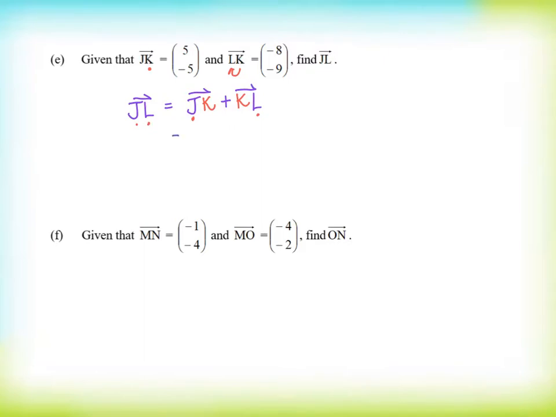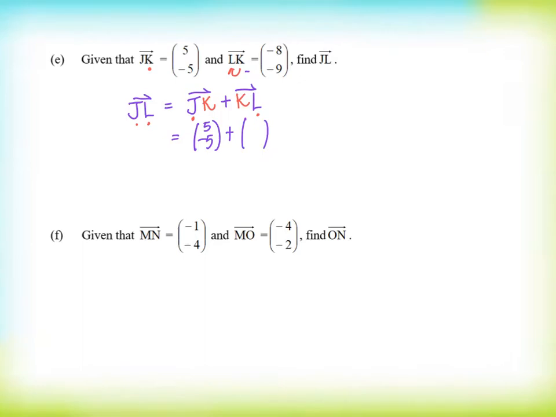And what do I know about JK? JK is 5, negative 5. No problem. But what is K to L? I only have the vector L to K. How are they related to each other? Well, they are in the opposite direction. If they are in the opposite direction, what can you tell me about the vectors?